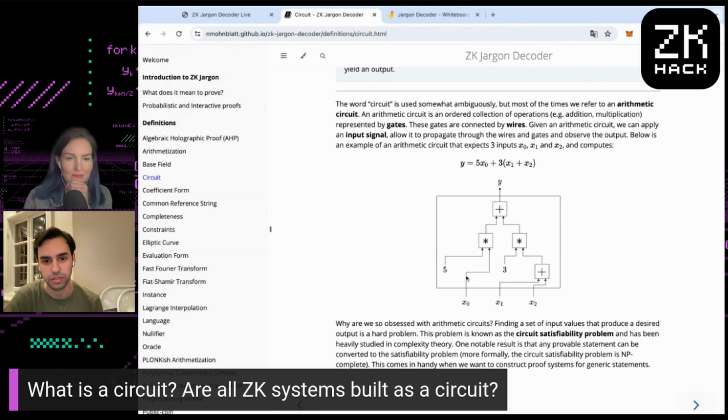Now each of these wires has a value on it, and we can work our way through it and evaluate things. So down here we have x1 plus x2, then it gets multiplied by 3. On the other side we have 5 plus x0 and times x0, and then we add it. And so we could also write it as an expression, right?